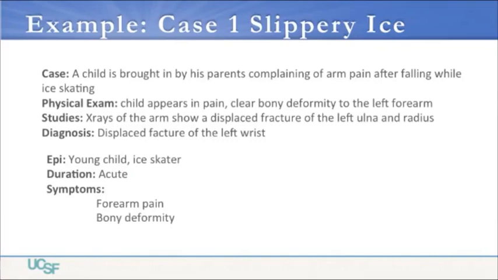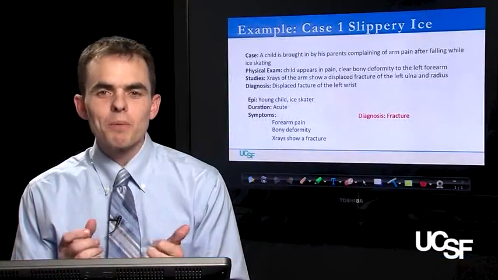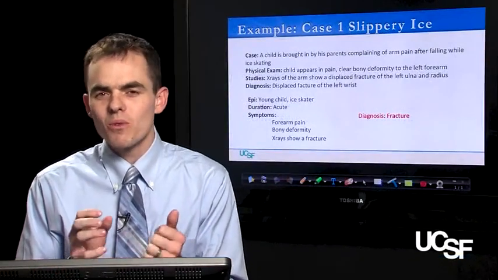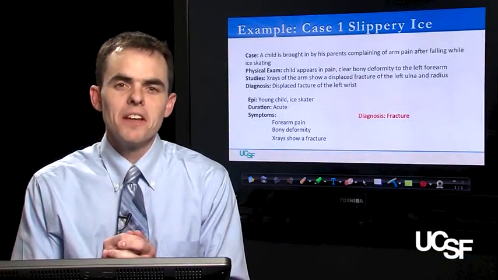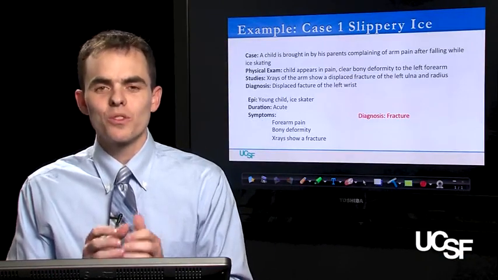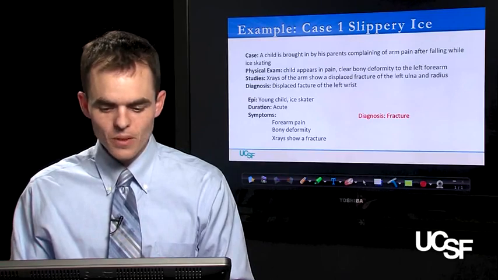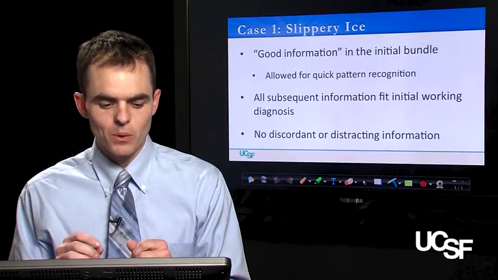Then you get your next piece of information from the x-ray, and that shows there's a fracture, and so you make your diagnosis. A lot of people would consider this straightforward, and we wouldn't usually spend much time thinking through one of these cases, right? But let's see why it was so simple.